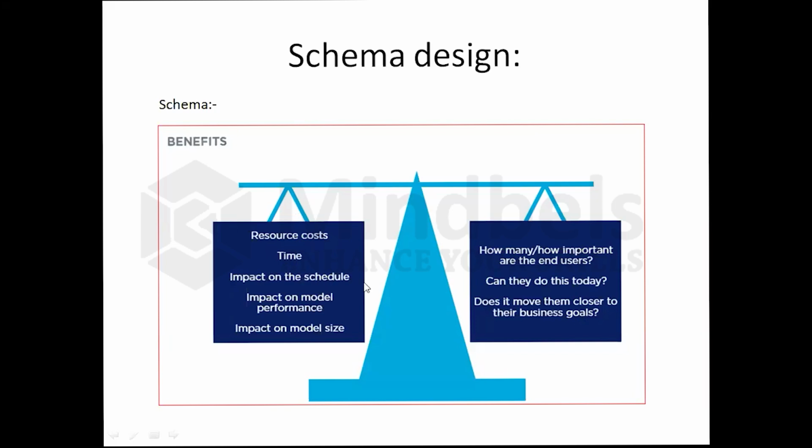Suppose you get some exception, then how much it is going to impact the delivery of the model you are building. Impact on model performance: you need to check whether it is impacting the performance drastically. Impact on the model size: whether model size is drastically increasing if you are creating that exception in the plan.